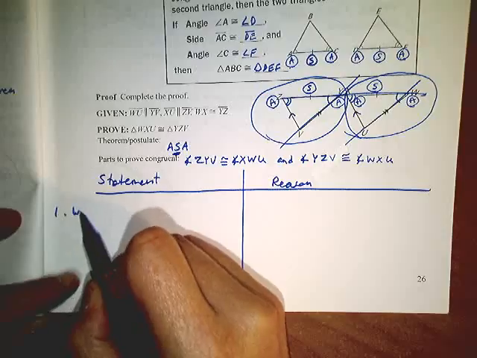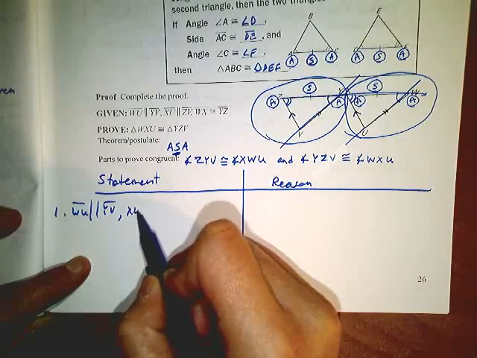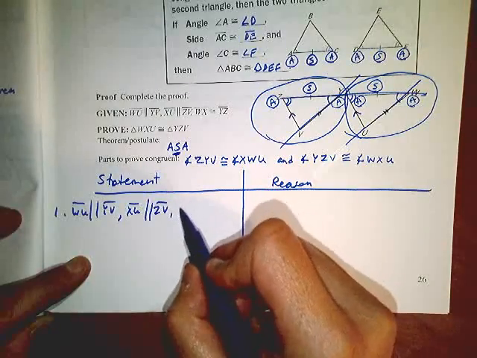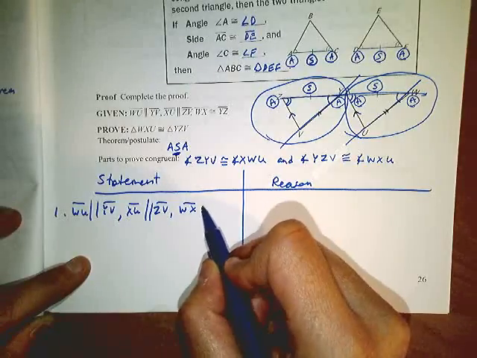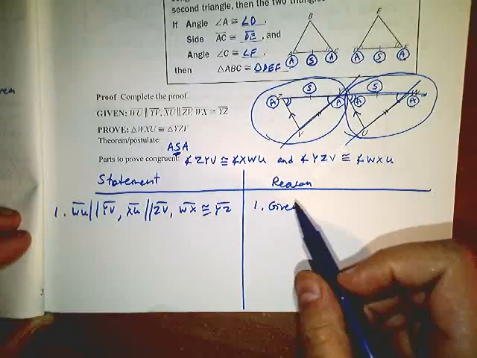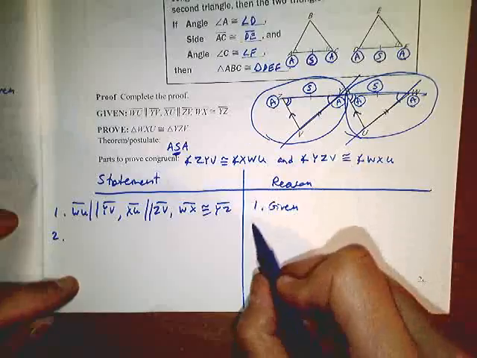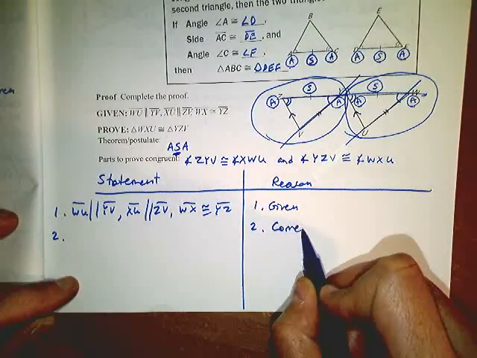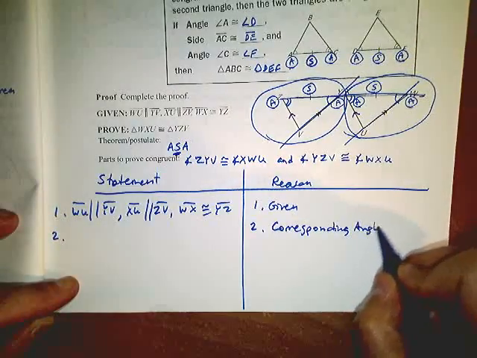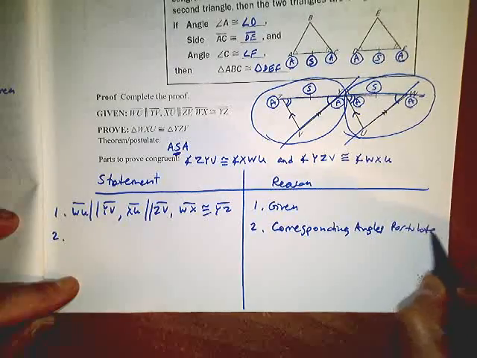So I'm going to start with my given information. Those two pairs of lines are parallel to each other, and this line segment is congruent to that line segment. The reason for these two is the corresponding angles postulate.